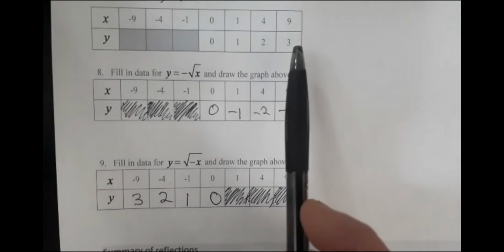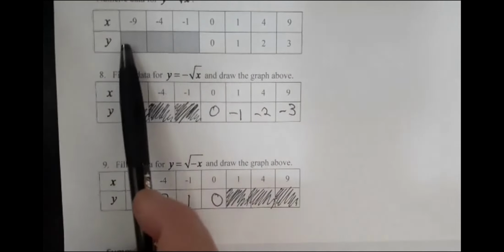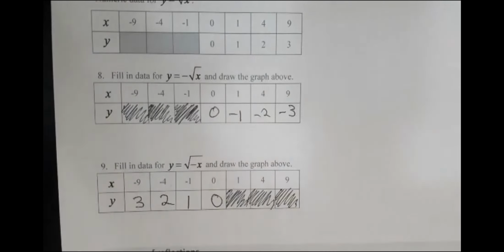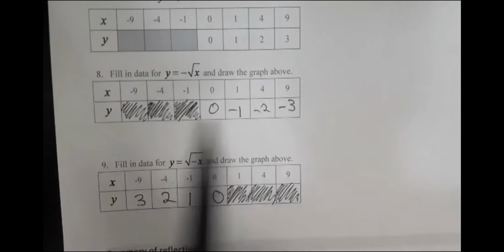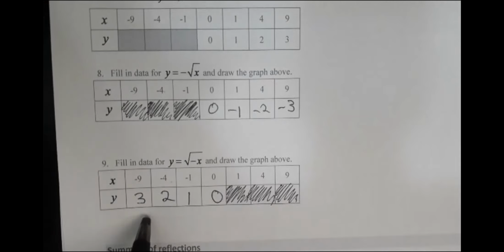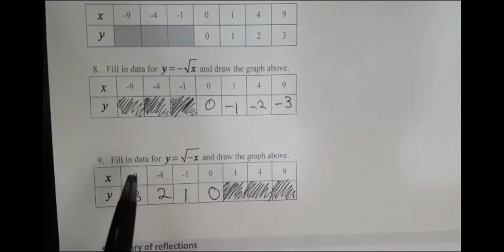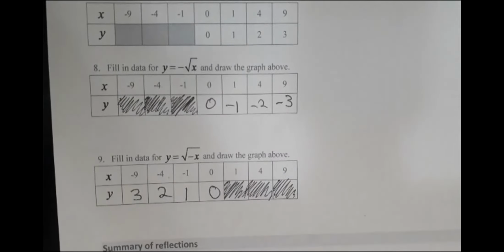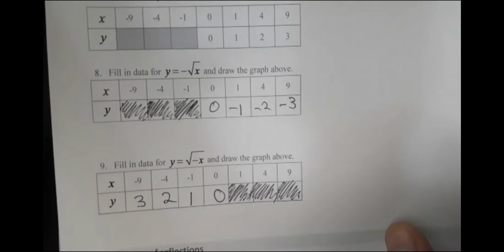So we're flipping our x values. This is what happened here. So this 9,3 became a negative 9,3. This 4,2 became a minus 4,2, right? But when you flip one value, you're flipping about the other variable's axis.